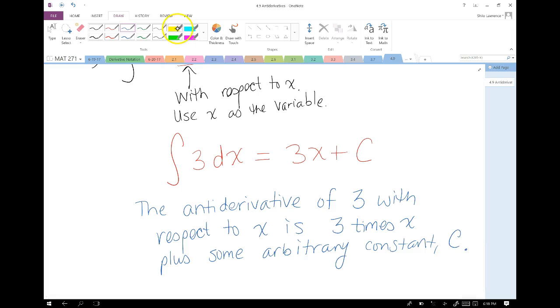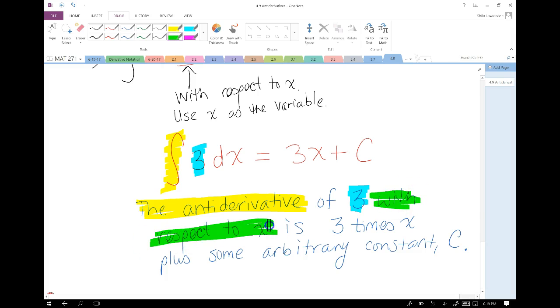So I'm going to try to highlight some of these pieces that match up. The antiderivative, that's this piece, of 3, that's this piece, with respect to x, that's what this piece means.